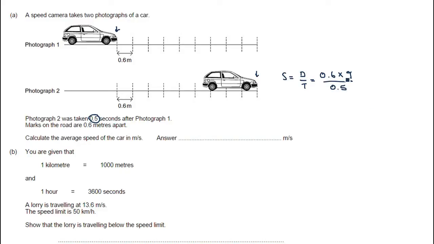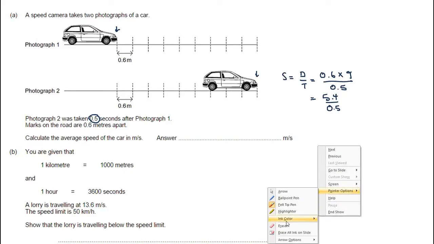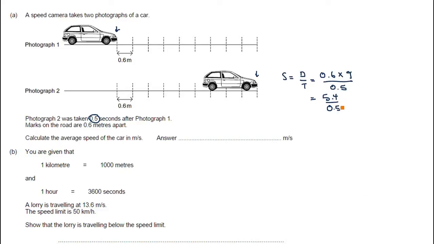Okay, now 0.6 times 9 is going to be 5.4, so 6 times 9 is 54, so 0.6 times 9 is going to be 5.4. Okay, so that gives us 5.4 divided by 0.5. And you could struggle with the idea of dividing by 0.5 or a half, but I think probably the simplest way of thinking about this is to think about what I want.